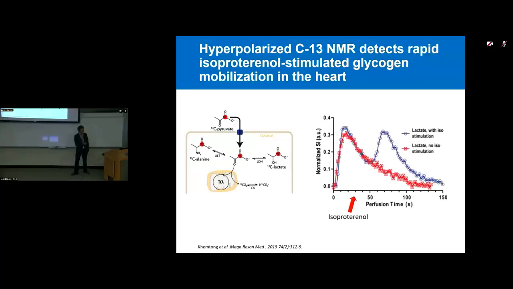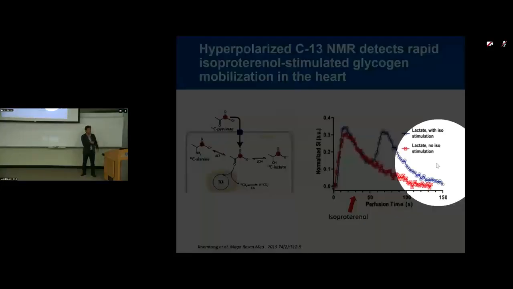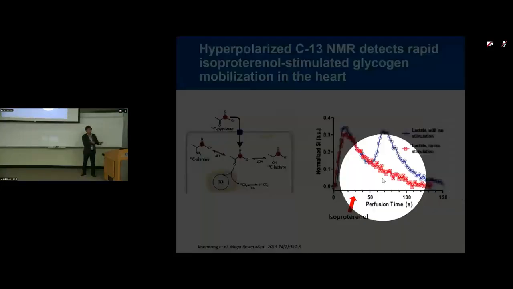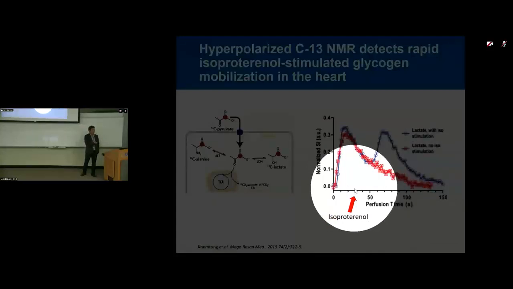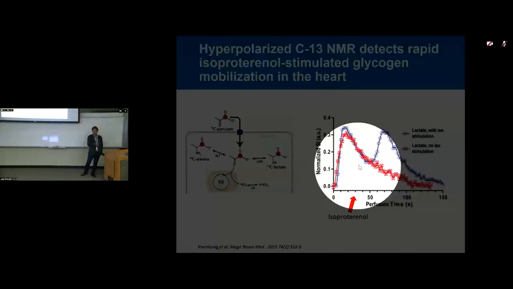As you can see here, in the control heart without isoproterenol, lactate increases from the arrival of hyperpolarized C-13 pyruvate and eventually dies down. That is the hyperpolarized signal decaying, not because lactate is not being produced. But in the heart that we stimulated with isoproterenol, you can see a second increase in the lactate signal, and it buffers for a while.